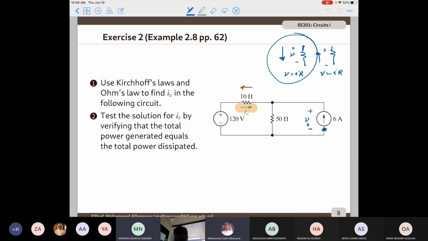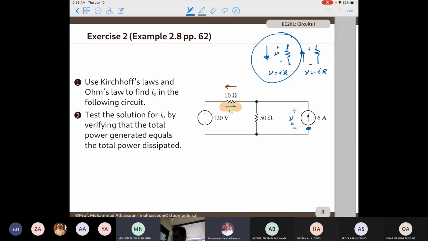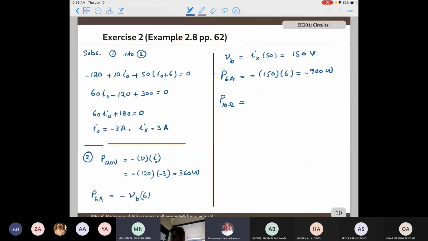Okay, it will be I squared times the resistor. Yes, exactly, I naught squared multiplied by 10. We found I naught to be negative 3, so squared multiplied by 10, and this is going to give me 90 watts.